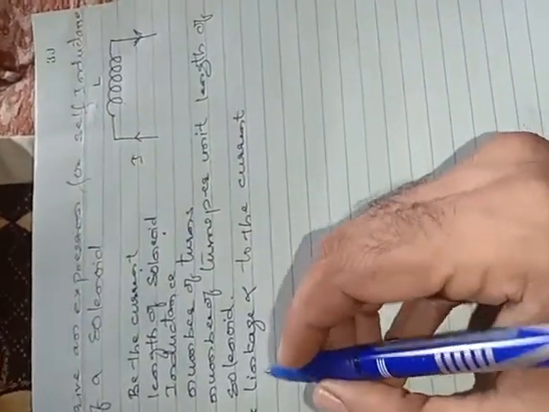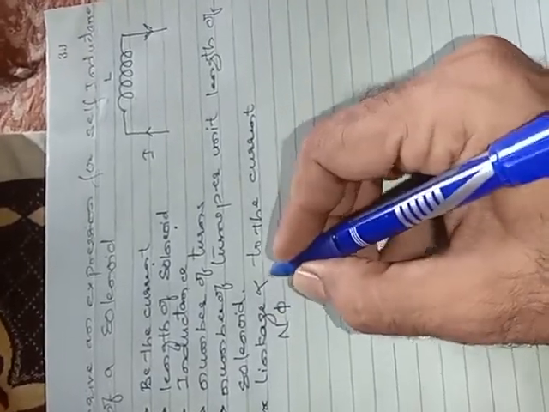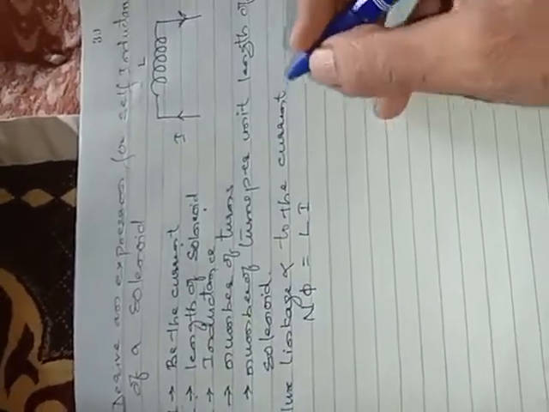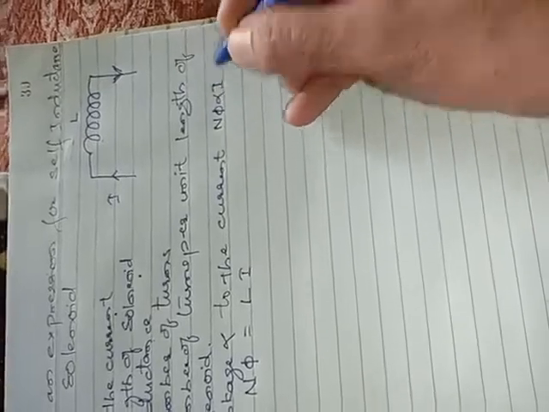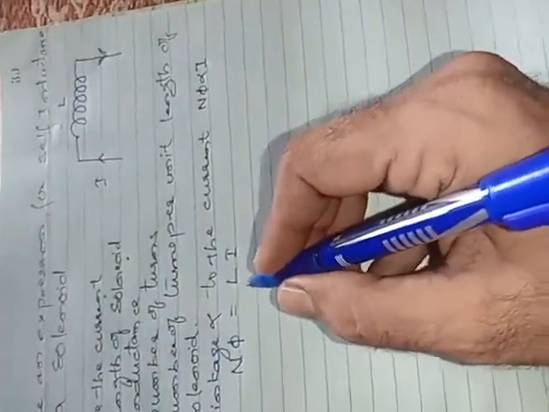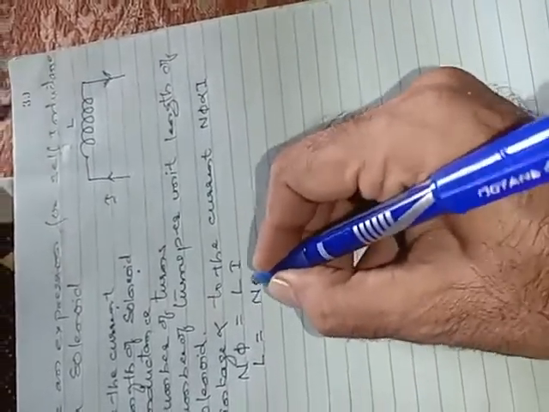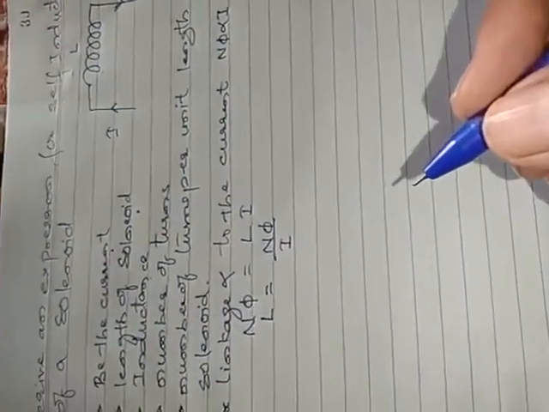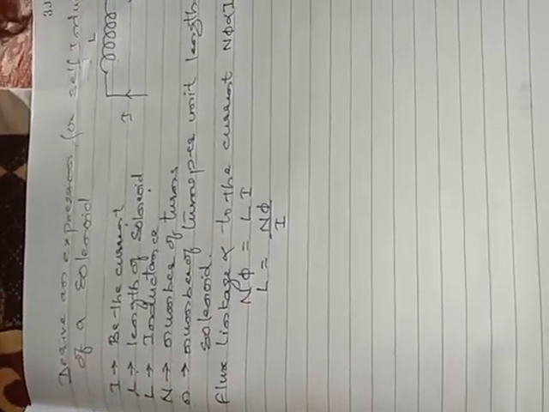So the flux linkage is given by N into phi, which is proportional to I. So N phi is equal to L into I. L को निकालना है, so L will become N phi divided by I. So from this we have got the value of inductance.